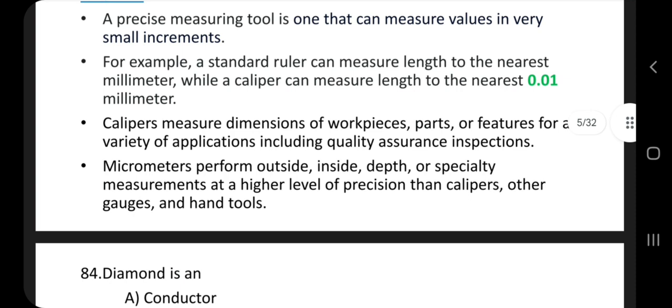Calipers measure dimensions of workpieces, parts or features for a variety of applications including quality assurance inspections. Micrometers perform outside, inside, depth or specialty measurement at a higher level of precision than calipers, other gauges and hand tools.